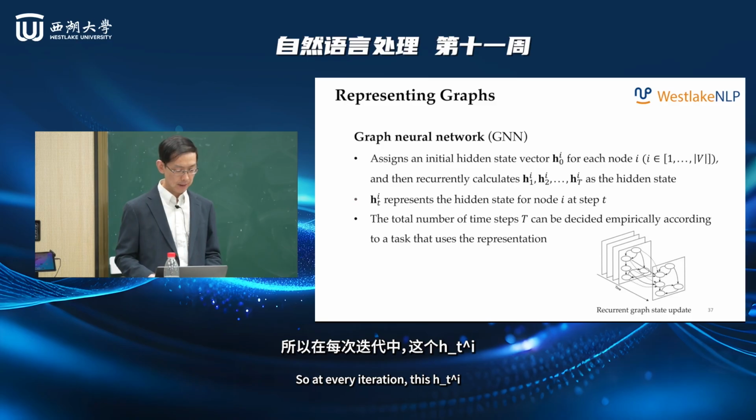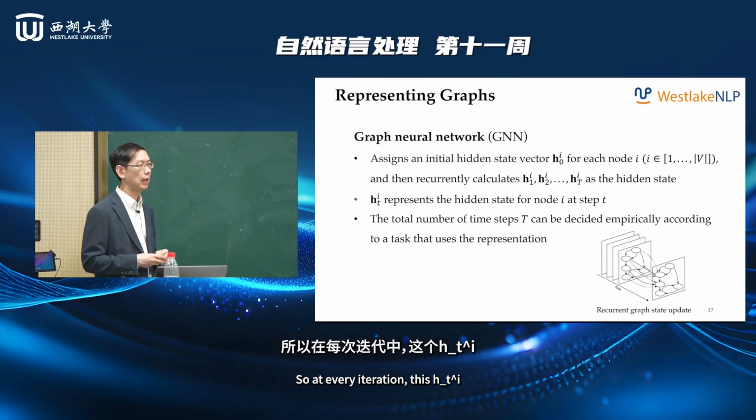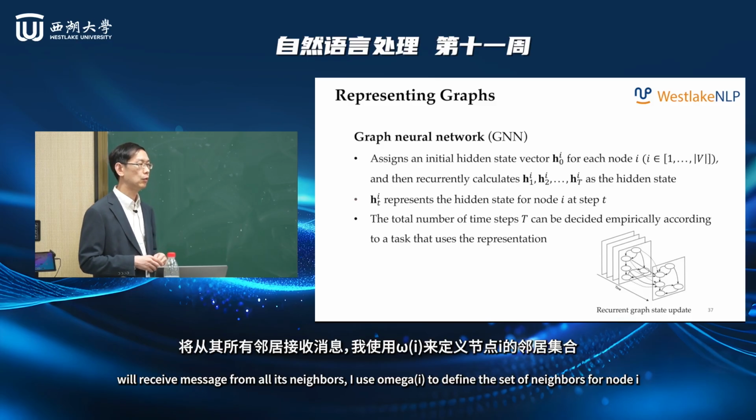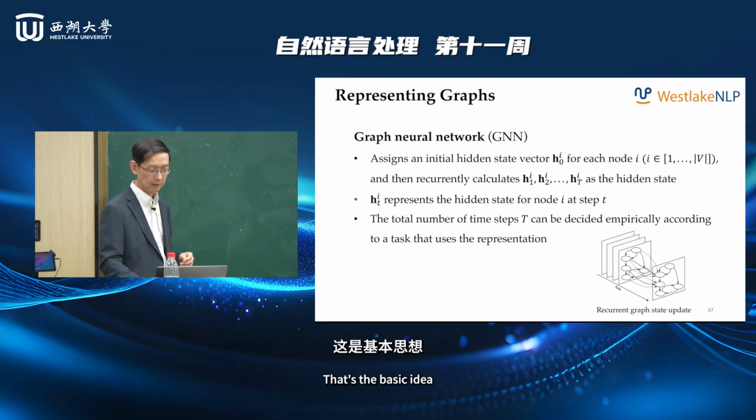At every iteration, h_i^t will receive messages from all its neighbors, h_j^{t-1}, where I use Ω_i to define the set of neighbors of node i. So that's the basic idea.